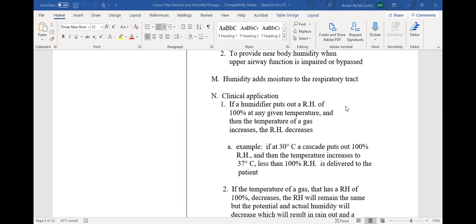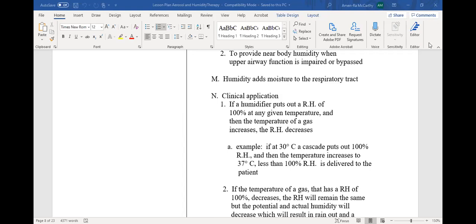So look at this. Let's say at 37 degrees Celsius, a gas has a potential of, let's just say, 50 milligrams per liter, okay? I'm just giving some numbers here.